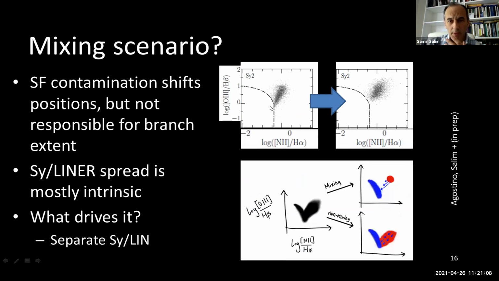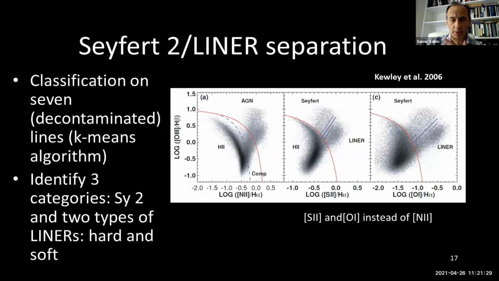For example, if you look specifically at Seyferts, yes, after we do the removal, the whole Seyfert branch does shift slightly. But again, it's not to the point that we remove intrinsic diversity there.